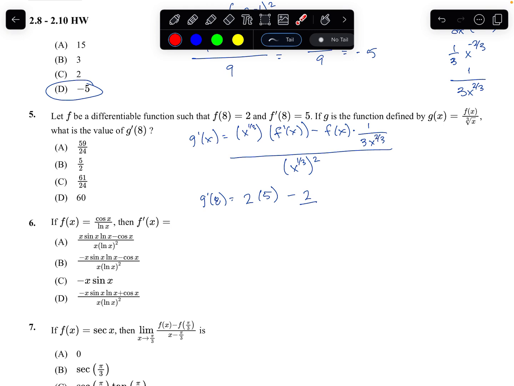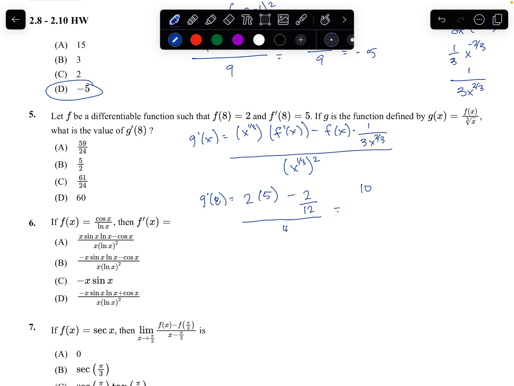So that's going to be 4 times 3, which is going to be 12. And then that's all being divided by, if I plug in 8 here, the cube root of 8 is 2, squared, that's going to be 4. Okay, so this is going to be 10.